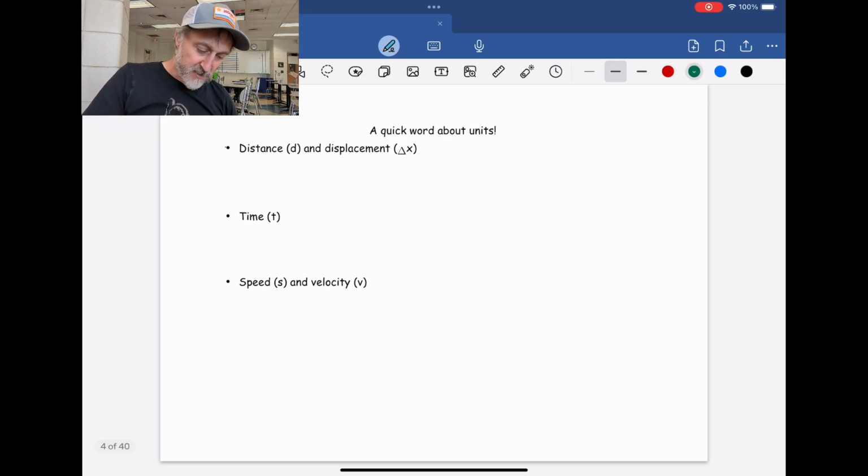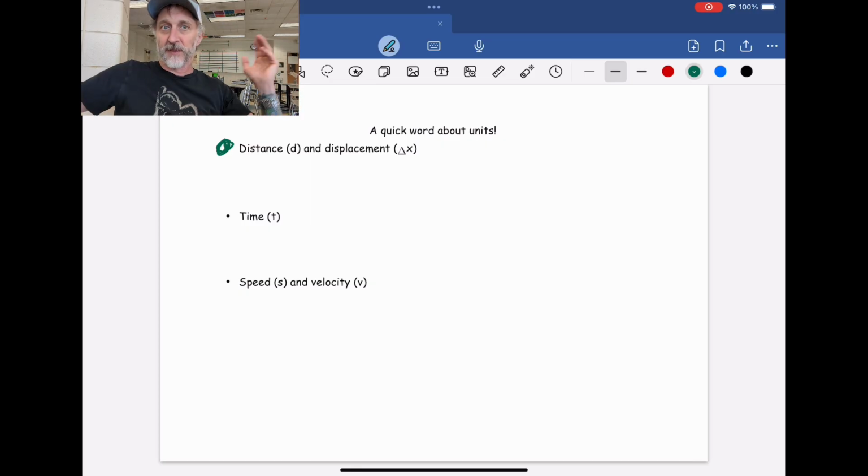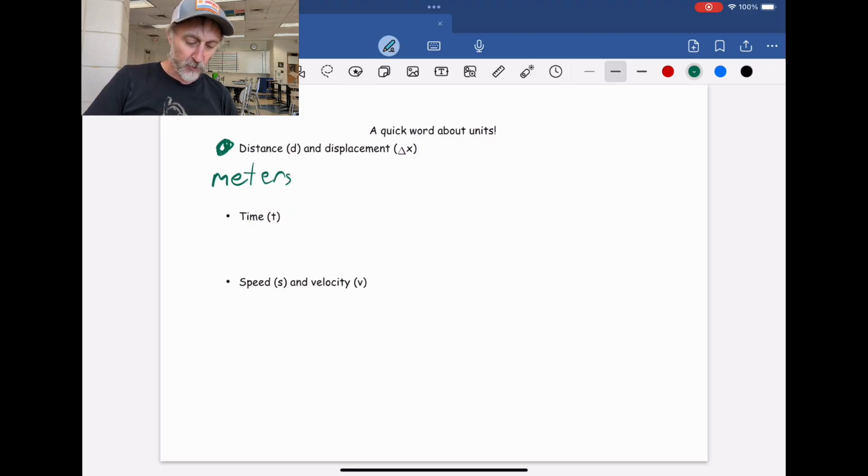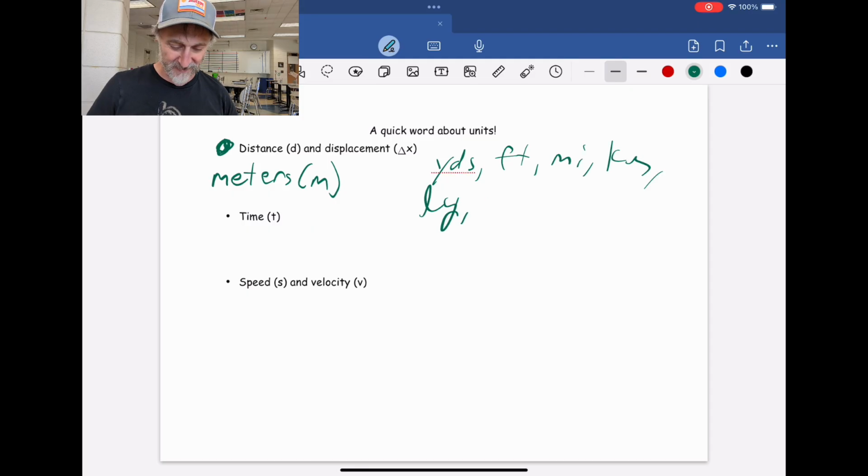Distance is a measure of how far you went. Displacement is the length of a line. These are linear quantities. You're measuring how far. So what we will usually use to measure distance and or displacement are meters, which we abbreviate with a lowercase letter m. But there's nothing magic about that. You could certainly use yards or feet or miles or kilometers or light years or furlongs or whatever.